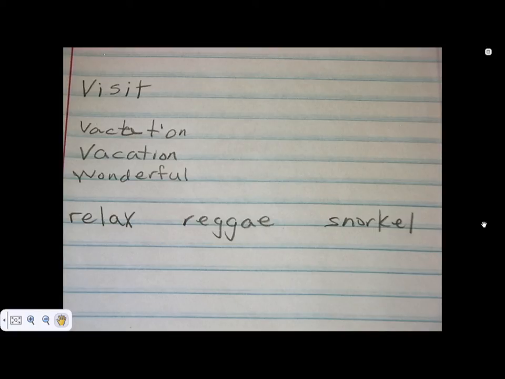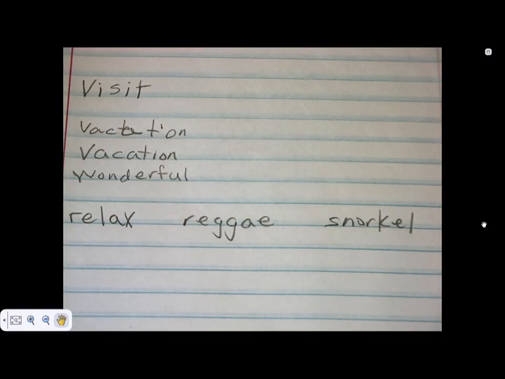Listen to great music. Sigh and sink your feet into the warm golden sand. Just relax. Let your eyes get heavy as you soak up the sun. But don't forget to snorkel. Come, Jamaica is waiting.